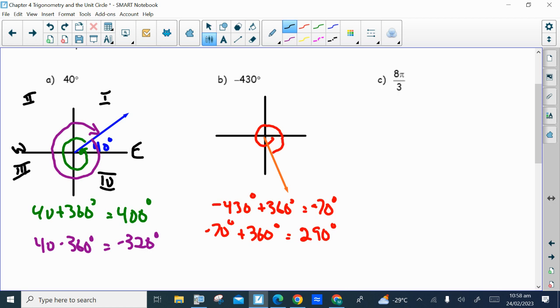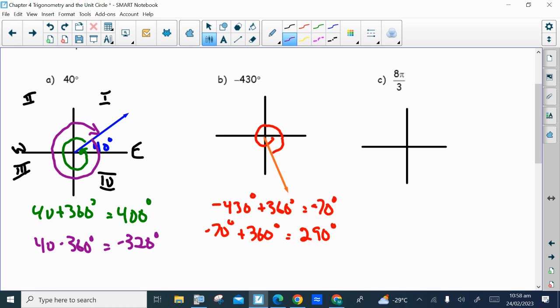Now for this last one, the angle is in radians, right? 8 pi on 3 radians. This is a positive rotation angle, so we are going counterclockwise, 8 pi on 3s.